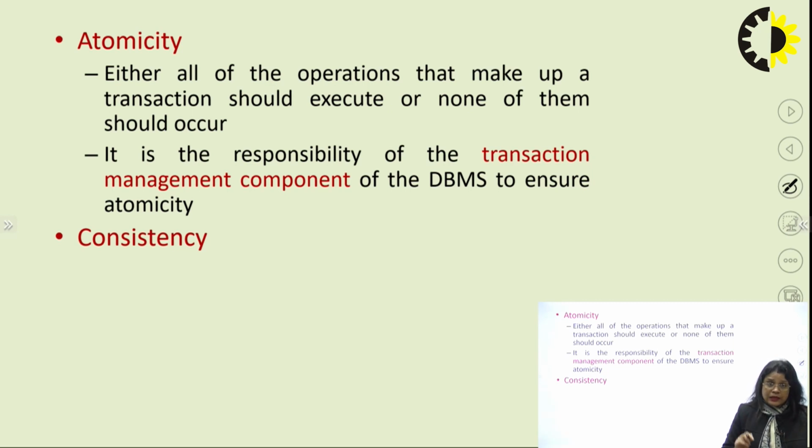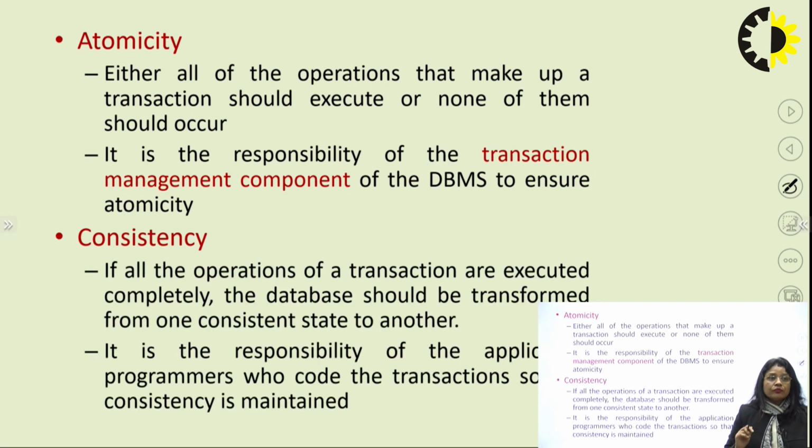Consistency is another requirement of the transaction. What do you mean by consistency? If all the operations of a transaction are executed completely, the database should be transformed from one consistent state to another. It is the responsibility of the application programmer who codes the transactions that consistency is maintained. So, ACID properties: four desirable properties of a transaction. For the first property, atomicity, who is responsible?